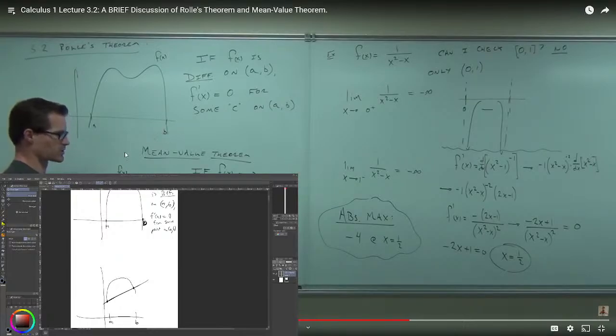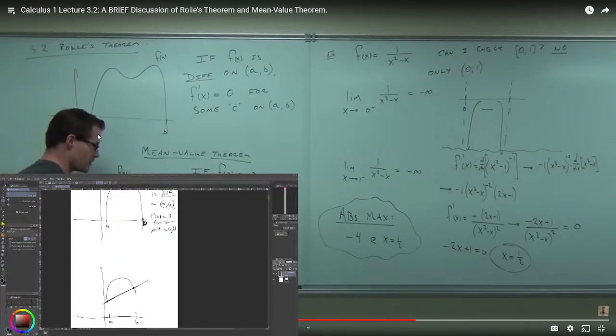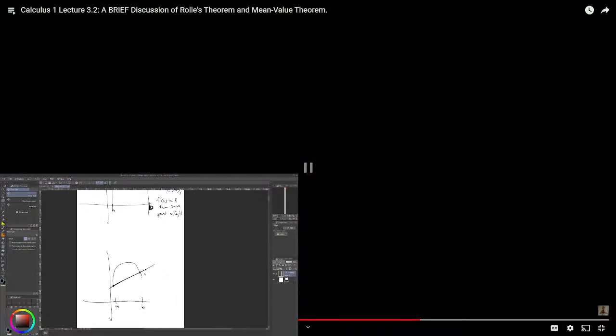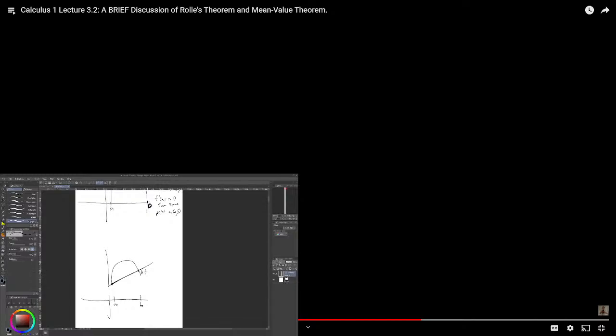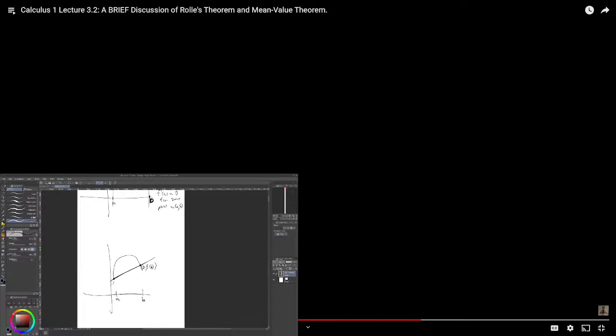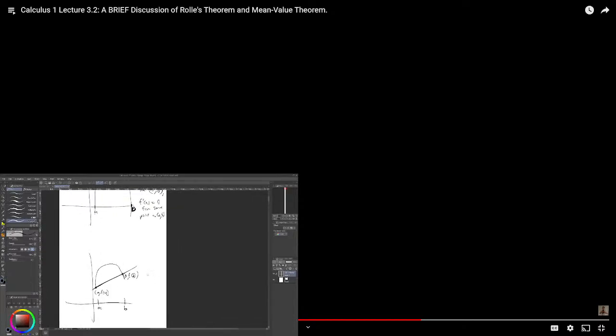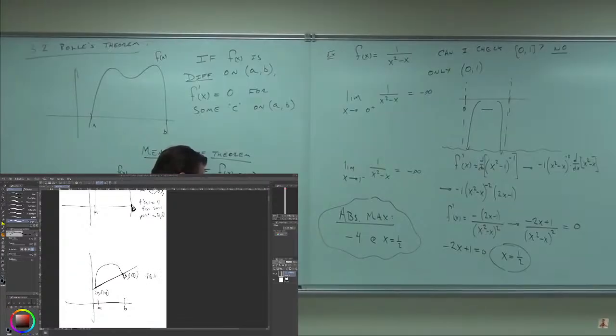This takes a little bit more work to write it simply, but would you understand that the slope of this would be b, f of b? Well, the point is b, f of b, and the point is a, f of a. Then the slope is y2 minus y1 over x2 minus x1.